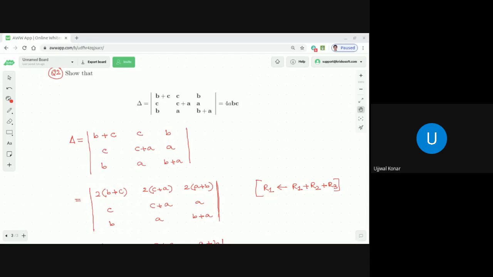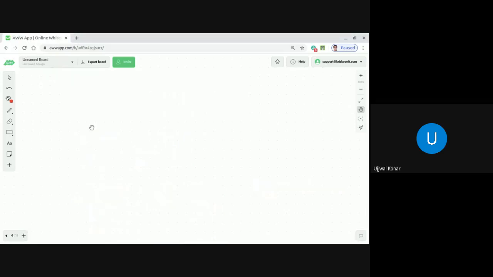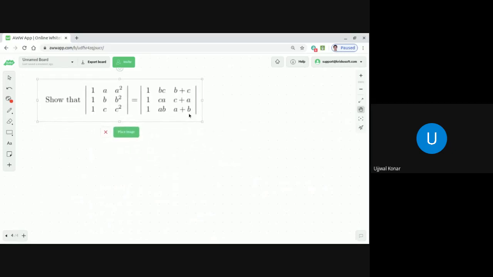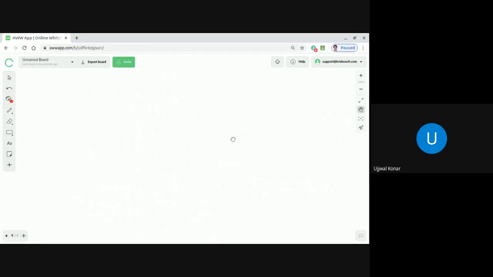And this kind of problems are very likely to come in the entrance examinations and also to some extent in your board examinations as well. That is question number 3.